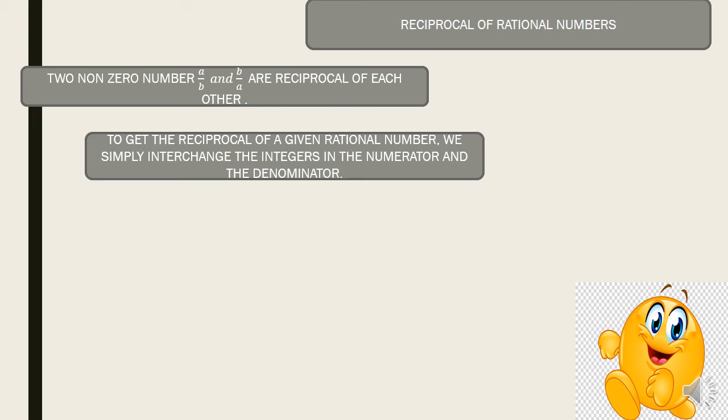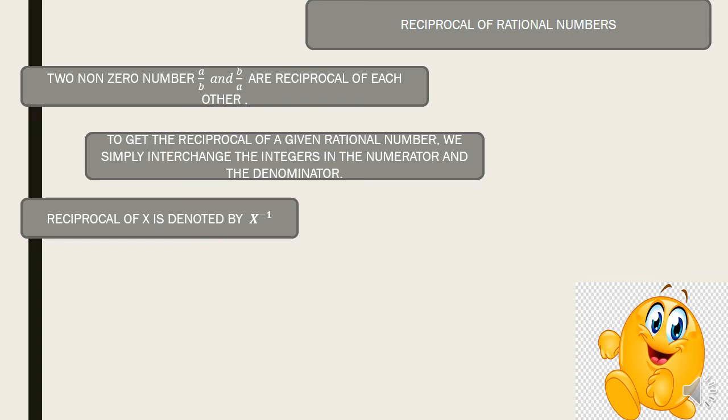Simply we can say to find the reciprocal of any rational number, we will interchange the integers in the numerator and the denominator. That is, we will interchange numerator to denominator and denominator to numerator. Reciprocal of x is denoted by x to the power minus 1.